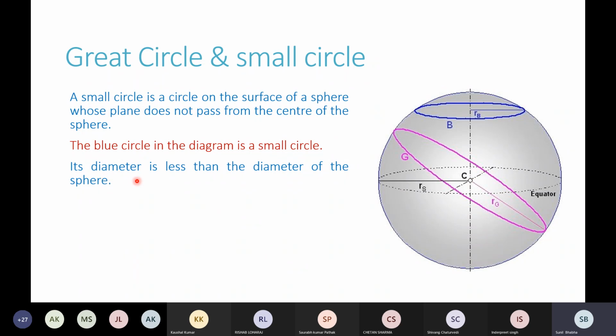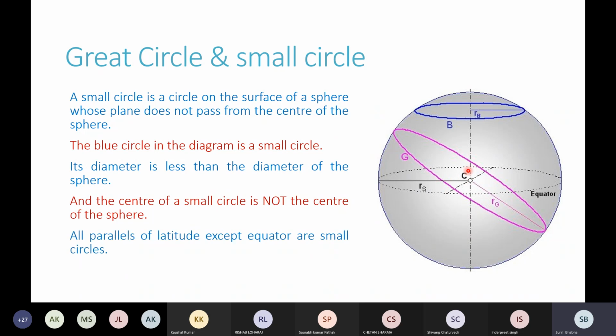The diameter or the radius of the small circle will be less than the diameter of the sphere. And the center of a small circle is not the center of the sphere. We know their centers are not matching. The center of the blue small circle is here at this particular point, whereas the center of the sphere or the earth is at point C here.